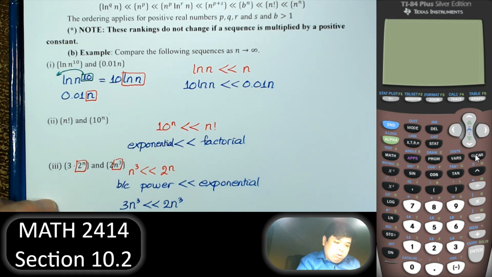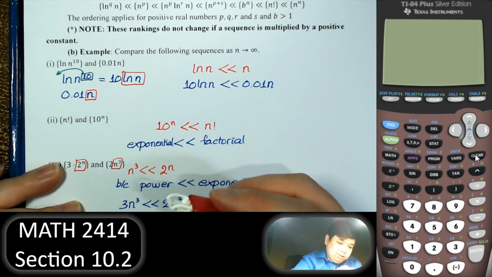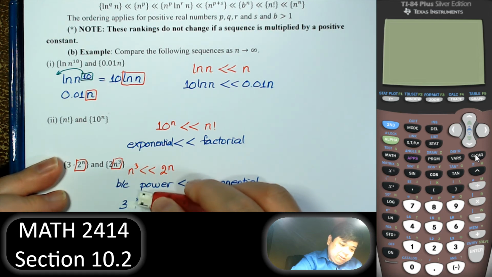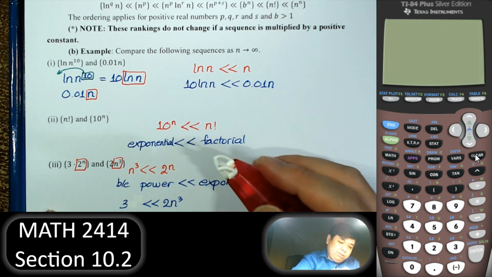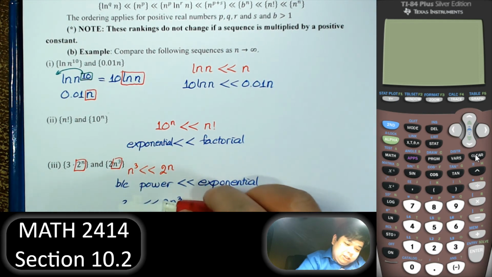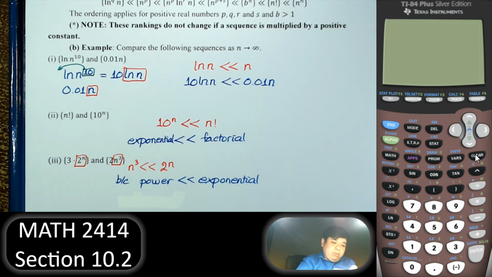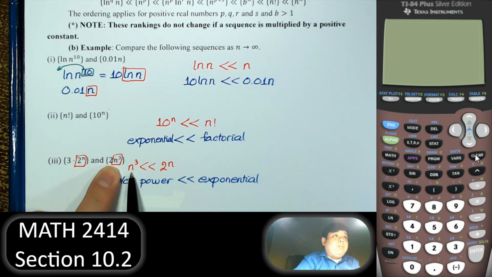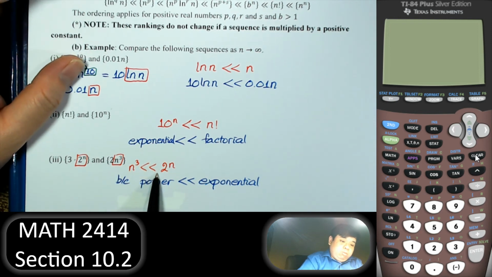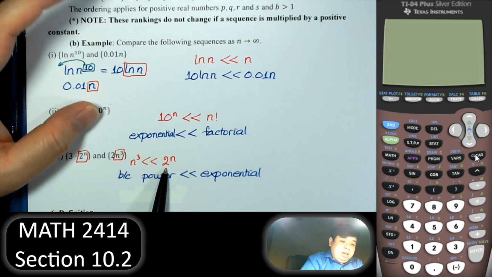Wait, I wrote that wrong. Right. So n cubed, the power, is significantly slower when it goes to infinity compared to 2 to the n.